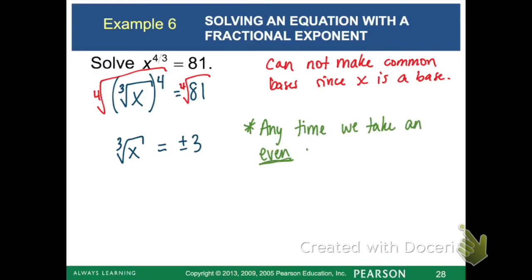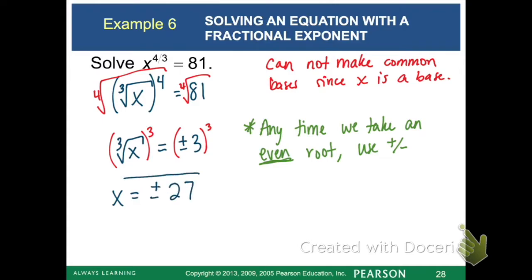Odd roots, we don't need to do that, only even roots. Next, we're going to get rid of the radical 3, the 3rd root, by taking it to the power of 3 on both sides. So we get x equals plus or minus 27. You can always check this by plugging it into your calculator, check 27, and then check negative 27.